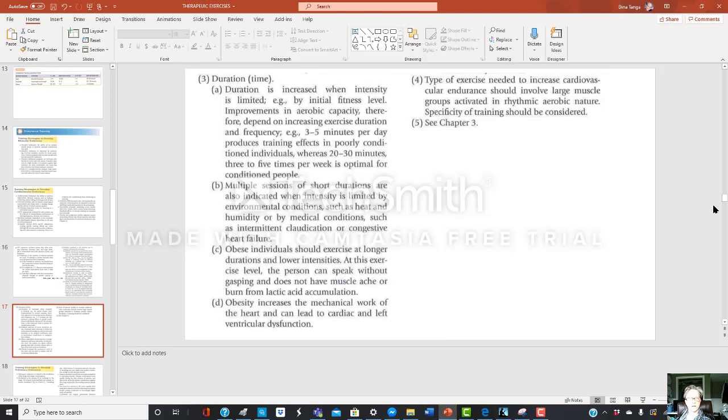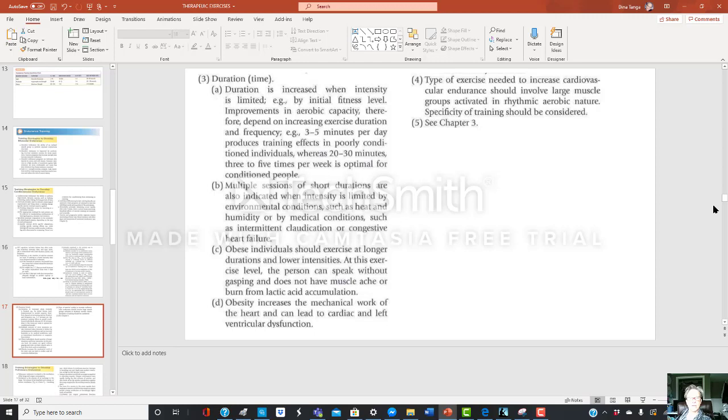Duration, time. Duration is increased when intensity is limited by initial fitness level. Improvements in aerobic capacity, therefore, depend on increasing exercise duration and frequency.